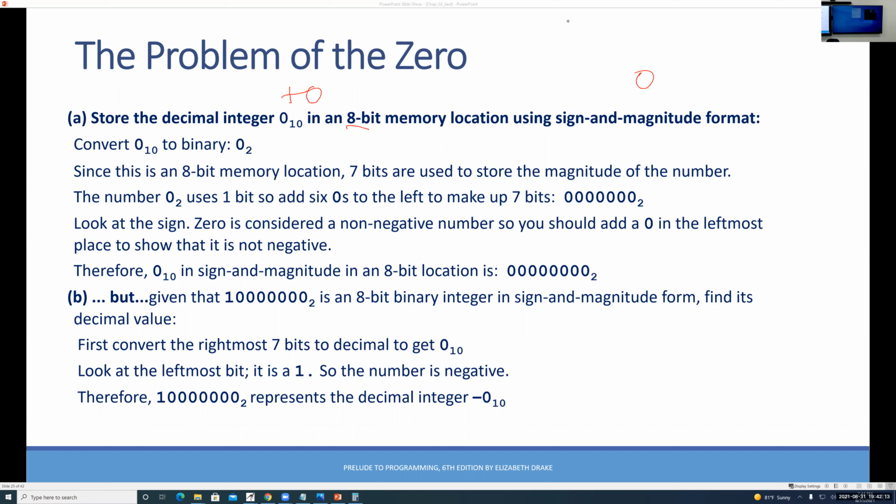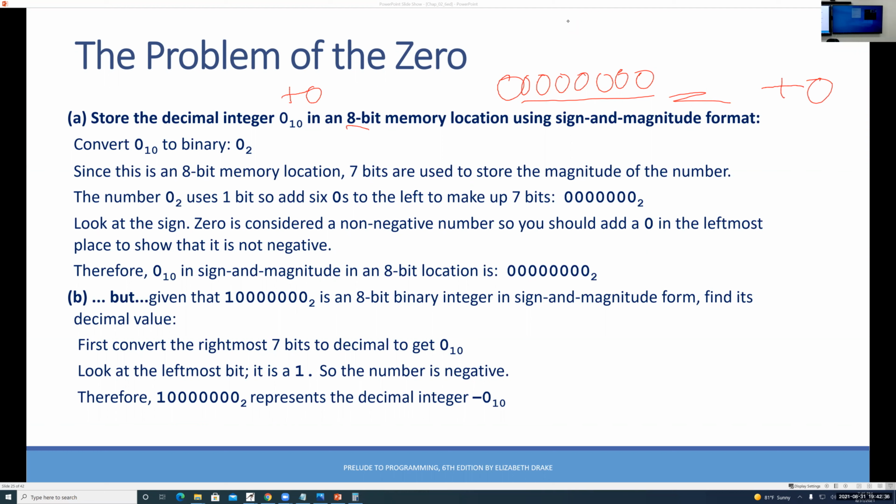You convert, you have zero here. So we need the 7-bit, that's why you insert the 6-bit here. 0, 1, 2, 3, 4, 5, 6. So now we have 7. It is number 0. Now, this one is positive, so the sign of positive here is 0. That's why you put 0 here. So when you convert, this one is a positive 0.